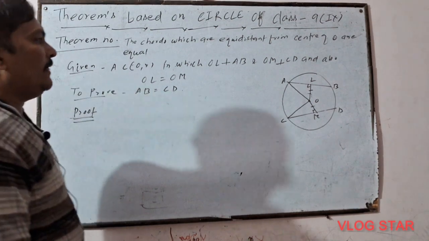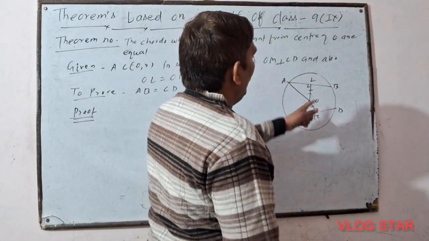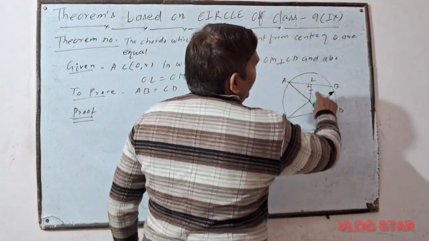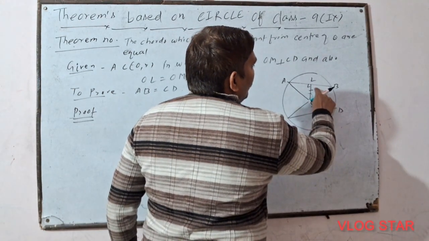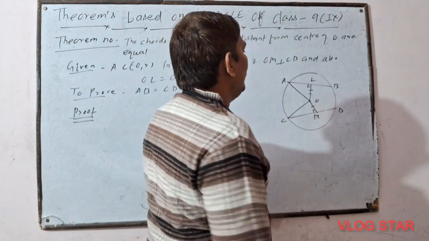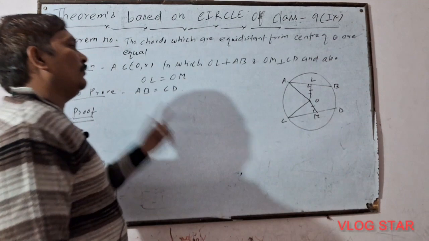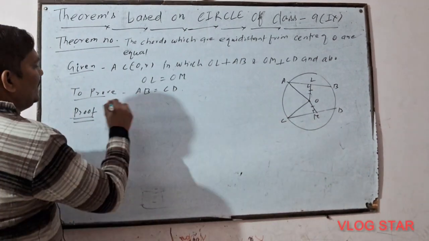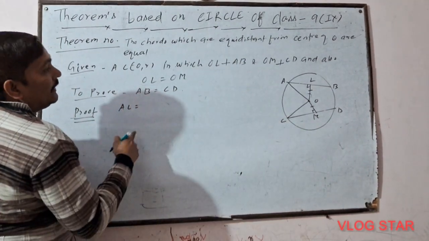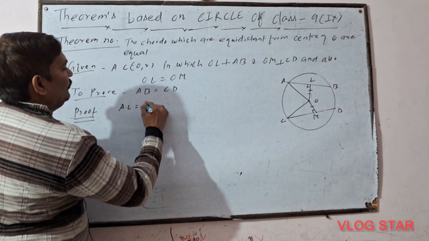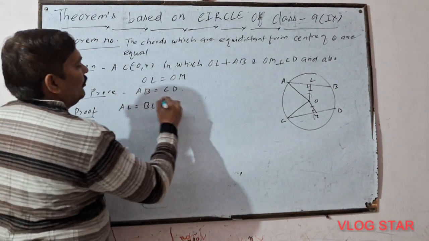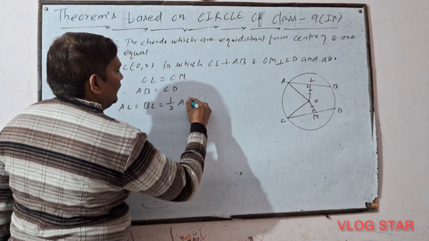OL is perpendicular to chord AB, means perpendicular drawn from center to chord bisects the chord, that is AL equals BL equals half of AB.